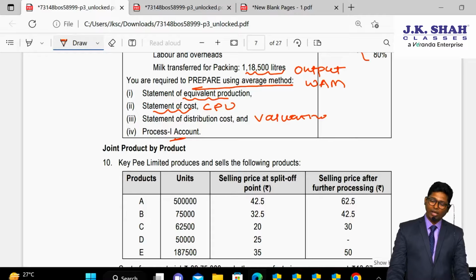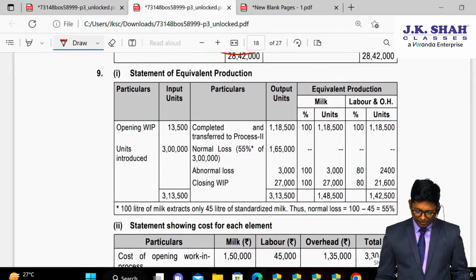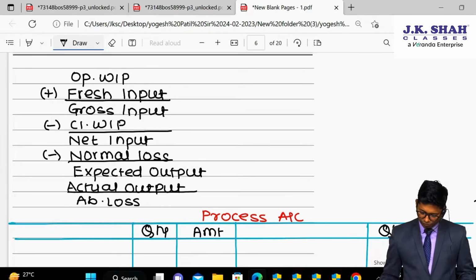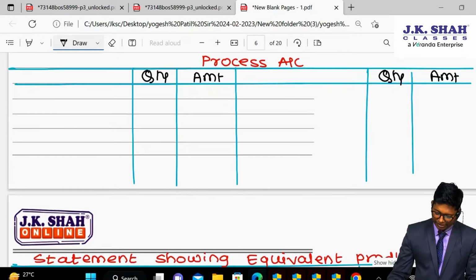Let's check what all information is provided to us. Now, according to the information, first, if you prepare a statement of equivalent production, something like this you are going to record. See here, the first working is not needed because abnormal loss is available with us.